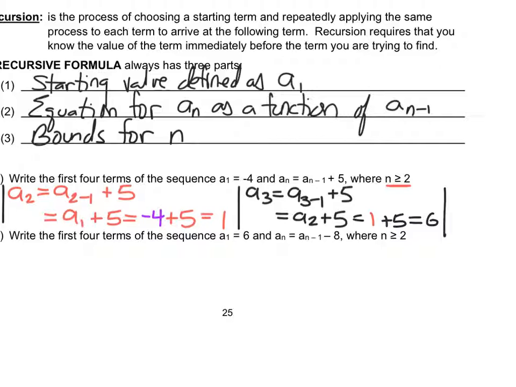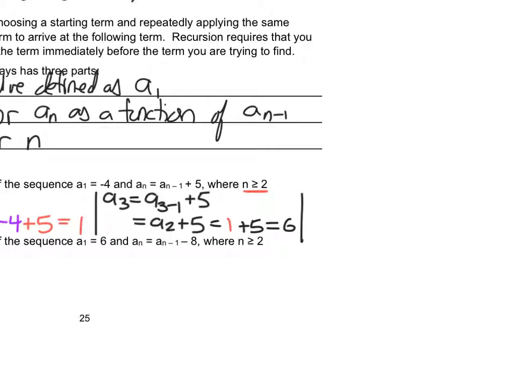All right, so take the previous answer, negative 4, add 5 to it, you get the next one. Take that previous answer, 1, add 5 to it, you get the next one. So what's a sub 4 going to be? 11. So I could write all the work out if I want.